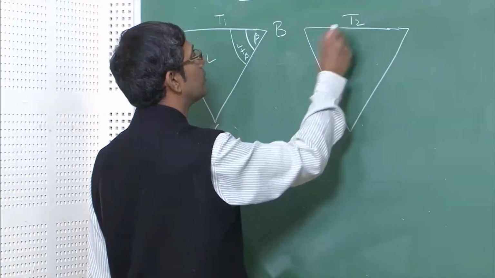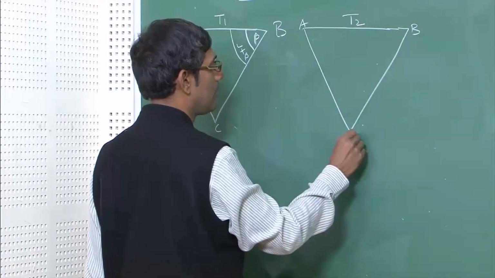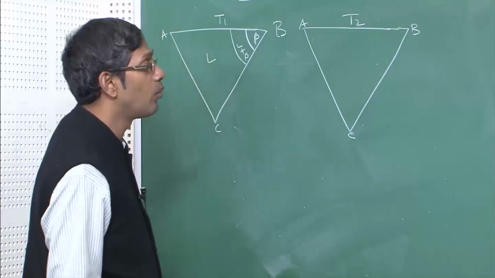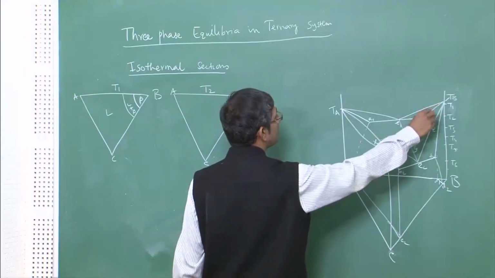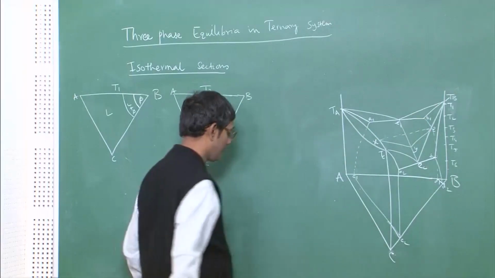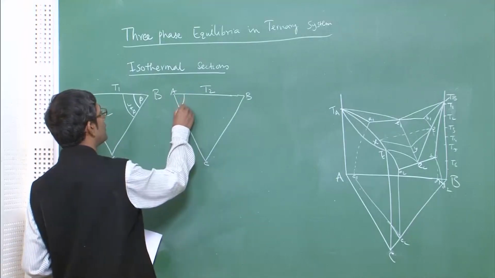This is at T2, temperature T2. This is distinctly different. Why? Because you are not only cutting B, this surface of liquidus surface, but also this side of liquidus surface. So, this will be leading to alpha also.